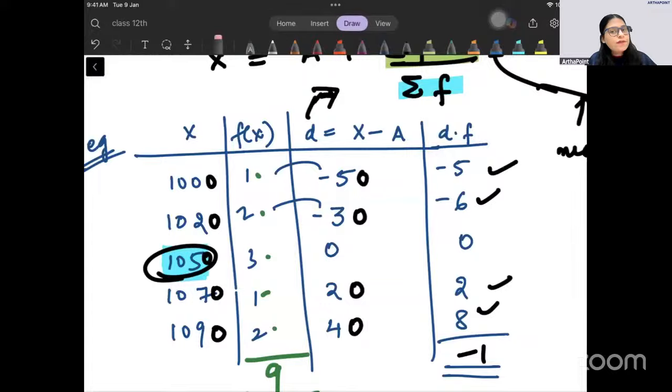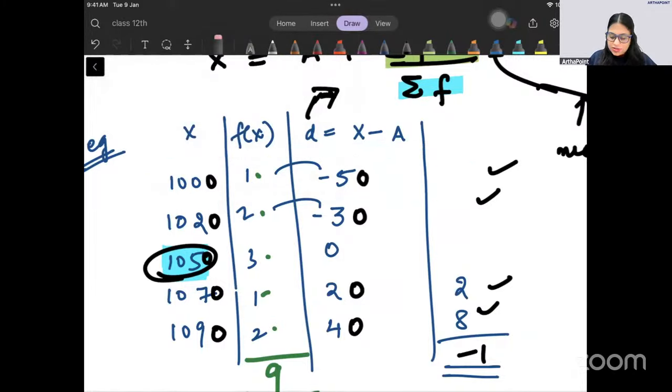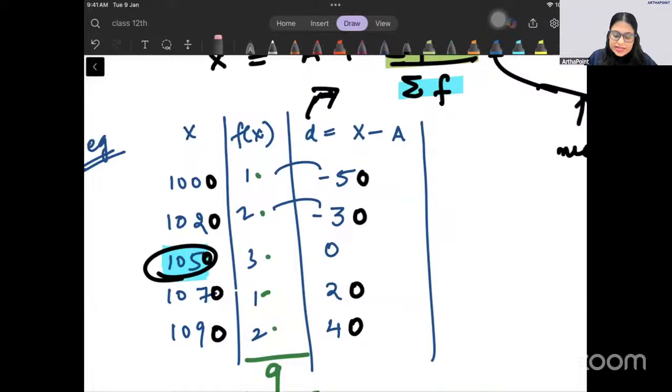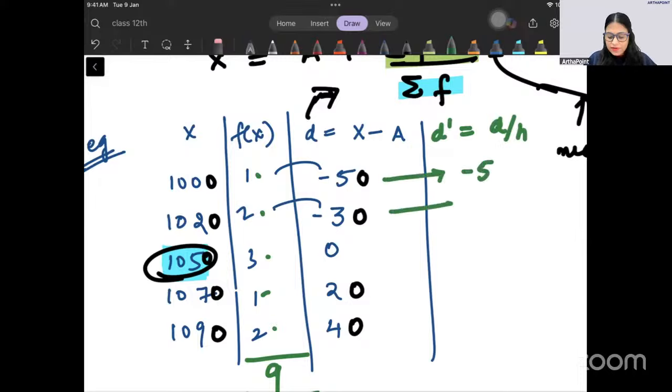Like here, all of them are multiple of 10. So then you can go ahead and you can find a variable first and उसको you can call that as D dash. और ये D dash क्या होगा? ये D dash हो जाएगा D divided by H, where H is the common height. तो यहाँ पे divided by 10 if I do, I will get minus 5, minus 3, 0, 2 and 4.